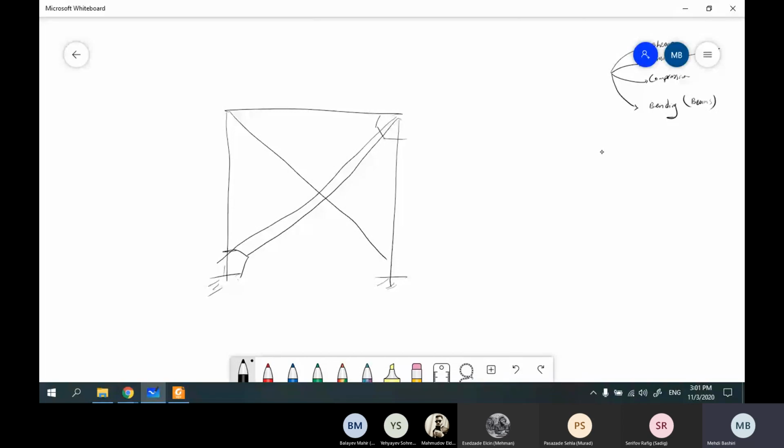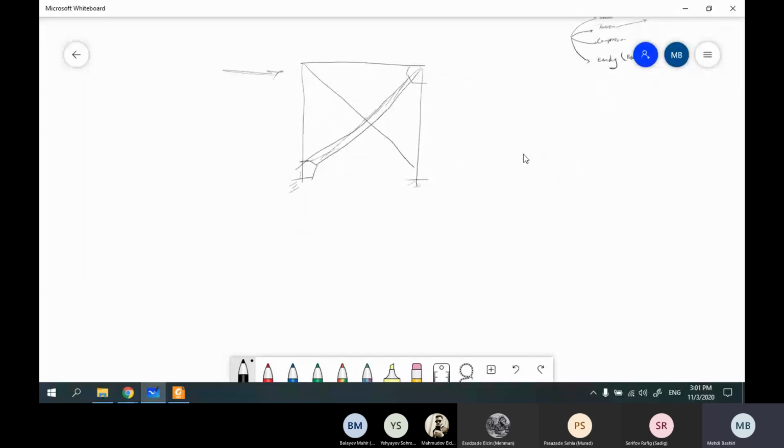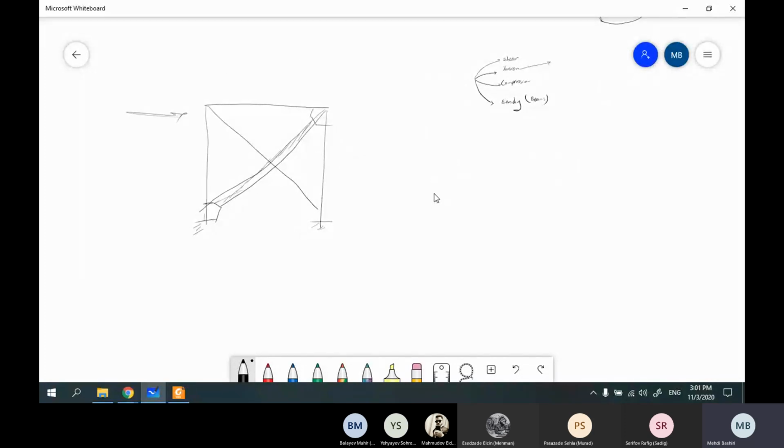We have some members inside our buildings to resist lateral loads, such as earthquake. I don't know if you heard the news about a new earthquake in Turkey, and I checked out a couple of failures, for example, in buildings with a weak lateral system, such as braces, they had huge and significant failures.